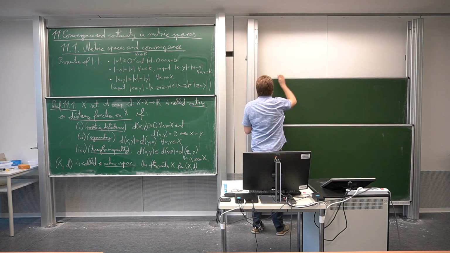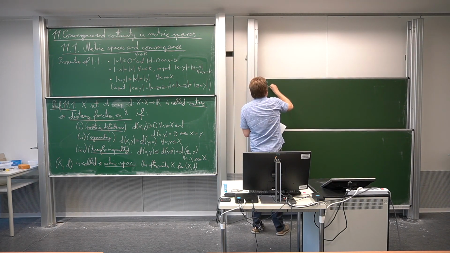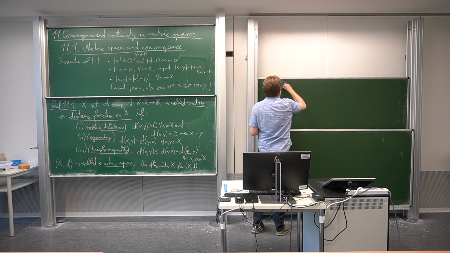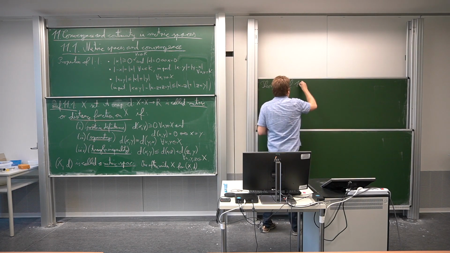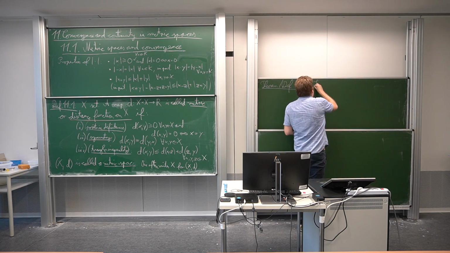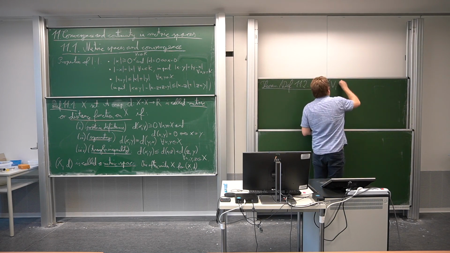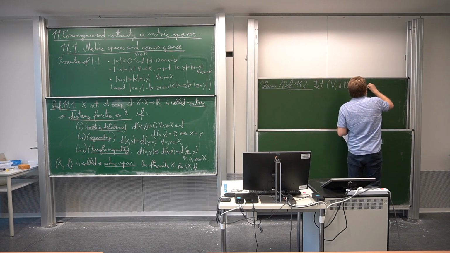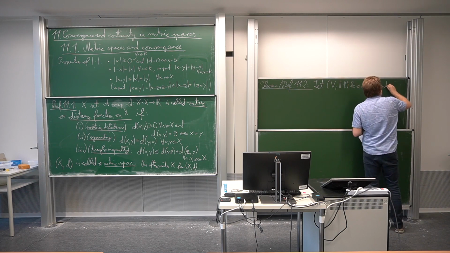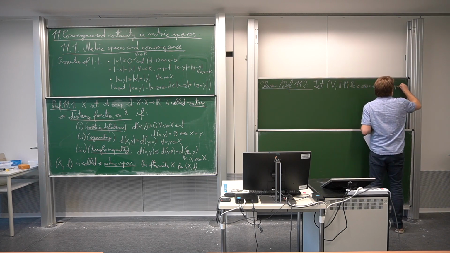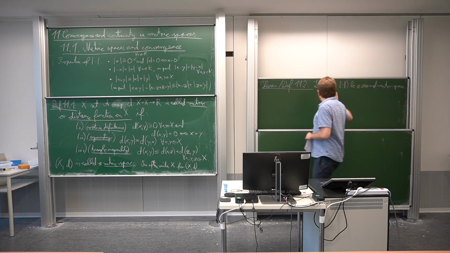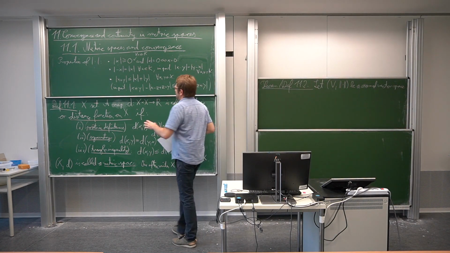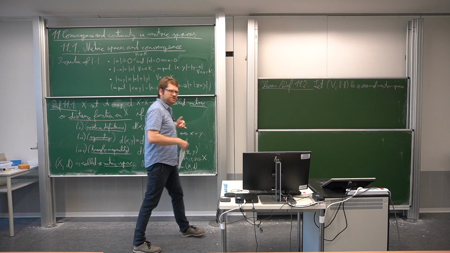So let me formulate this here as a mixture of theorem and definition again. 11.2. Let V with a norm be a normed vector space. This can be real or complex, this doesn't matter. And keep in mind, here we really work on a vector space, but in general for a metric space X can be some set.